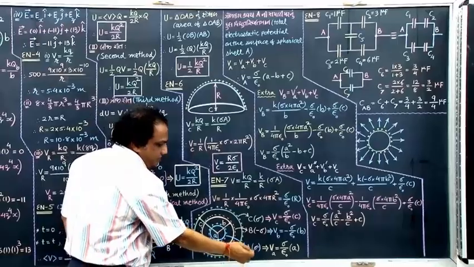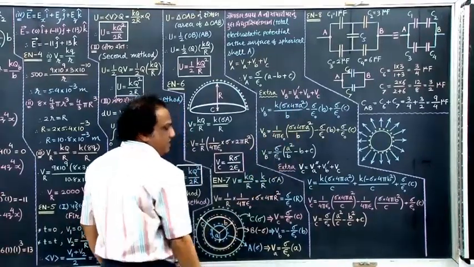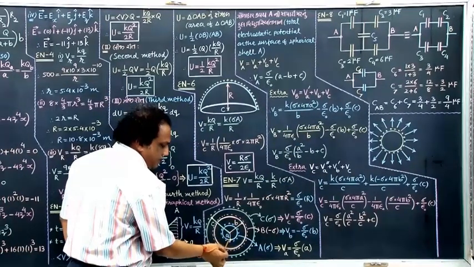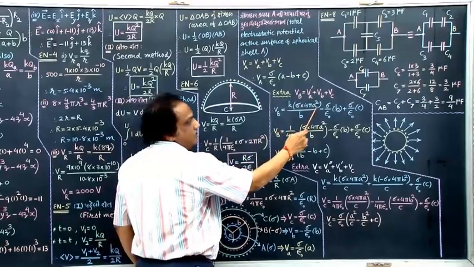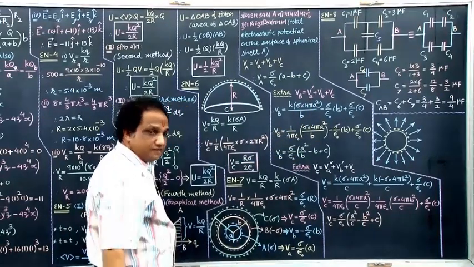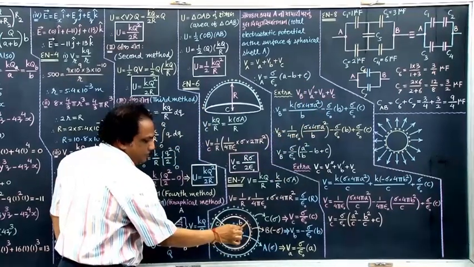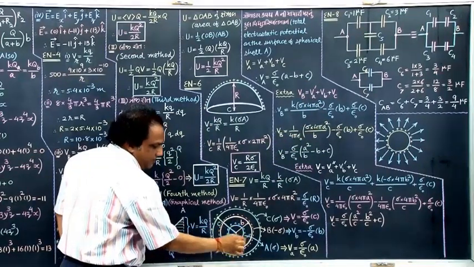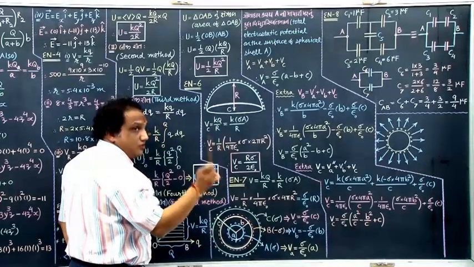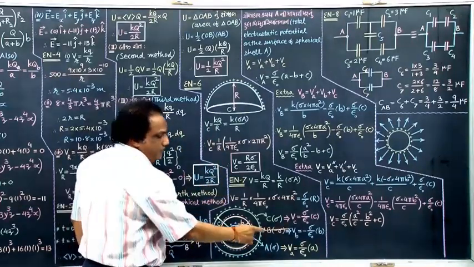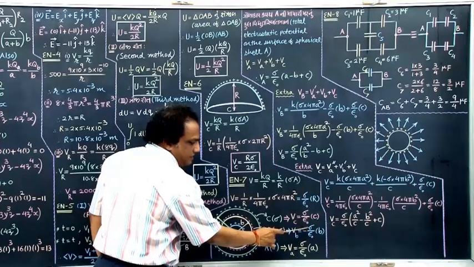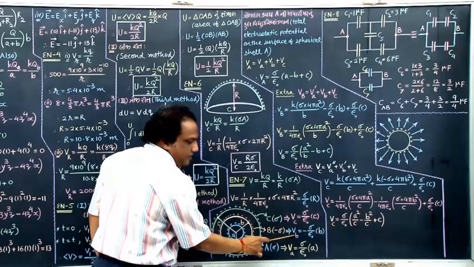Here the surface charge density is sigma, multiplied by the surface area of a sphere with radius a, which is 4 pi a square, correct? VB and VC values are as they are, because this point is on the surface of charged spherical cell B, and for a point on the surface of a charged spherical cell the potential is minus sigma upon epsilon 0 into B, I mean equal to VB.